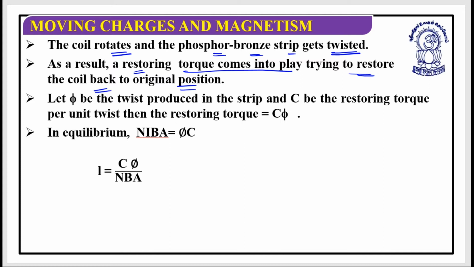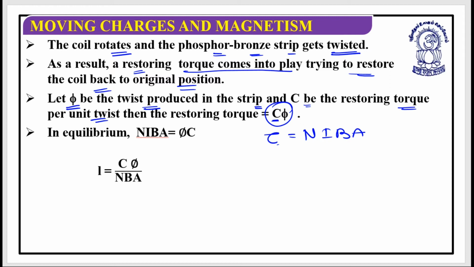Let us suppose that phi is the twist produced in the strip, and C is the restoring torque per unit twist. We call this the torsional constant. So C is the restoring torque per unit twist, and the restoring torque can be written as C into phi. So in equilibrium we have two torques. First, NIBA, which is the torque acting on the coil because current is flowing through it.